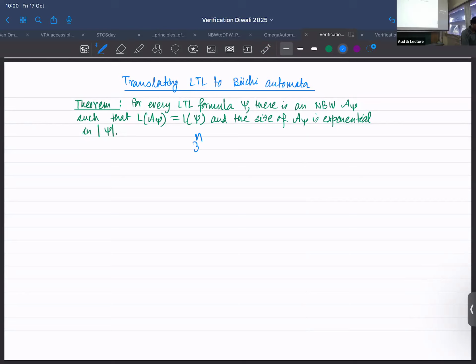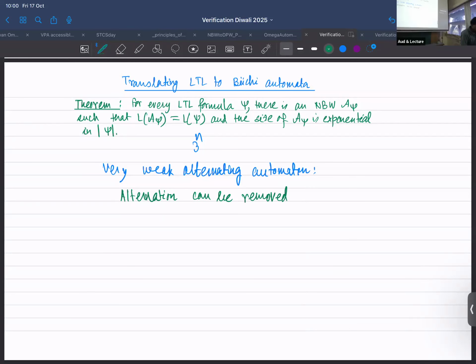In particular, for a very weak alternating automaton, the alternation can be removed with a blow up of n times 2 raised to n.